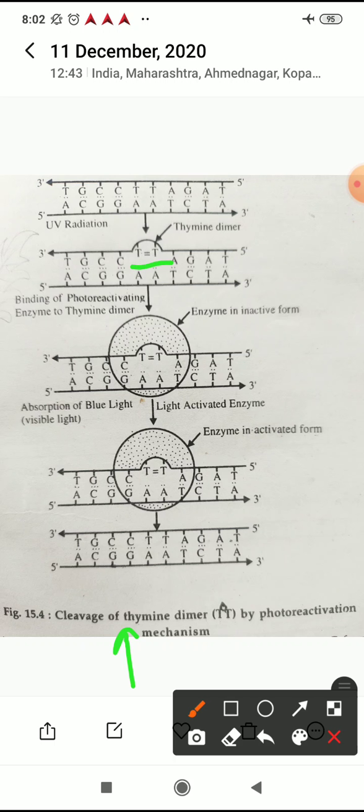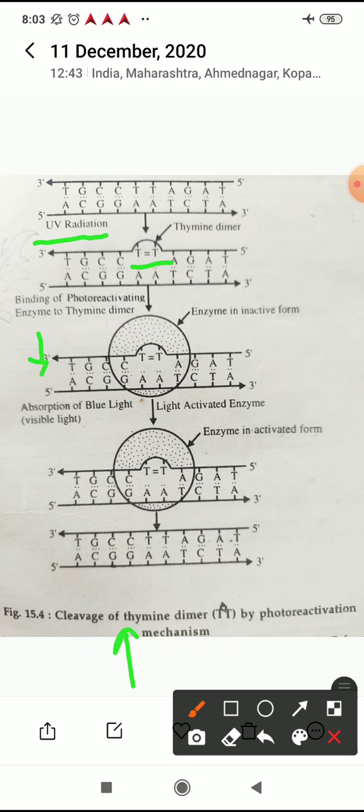When a cell possessing such UV-induced pyrimidine dimer, then these cells are exposed immediately to visible light. So dimer is caused due to UV radiation, and then they are exposed to the visible light.